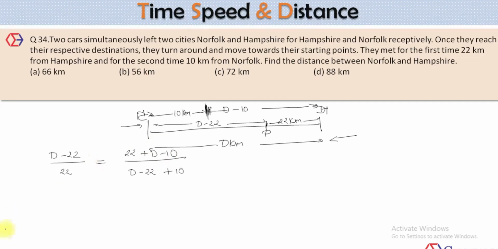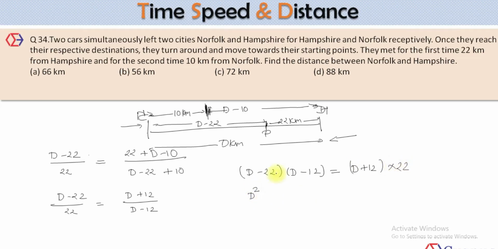So let's equate them. d minus 22 by 22 is equal to d plus 12 by d minus 12. When you cross multiply them, what do you get? d minus 22 into d minus 12 is equal to d plus 12 into 22.